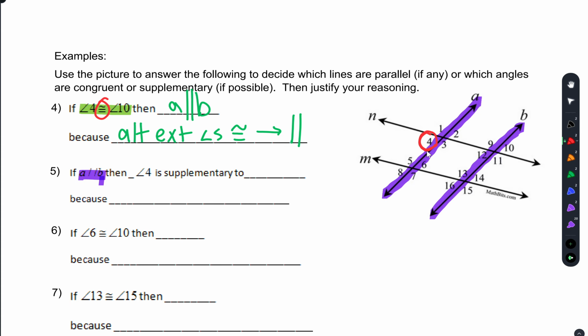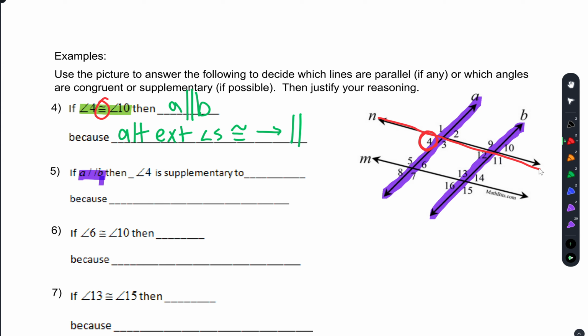So here's angle 4. What transversal am I looking at? Anybody? M, N, A, or B is my transversal. Anna? Perfect. So any angle that I pick here to fill in this blank is going to be on this transversal, but not in the same intersection.